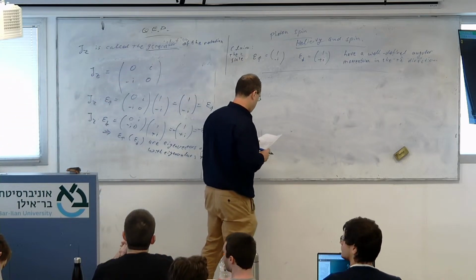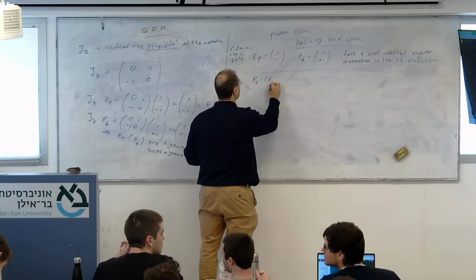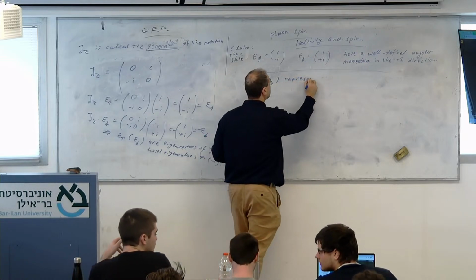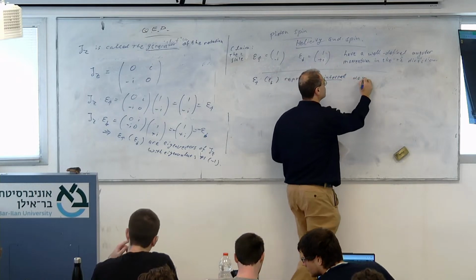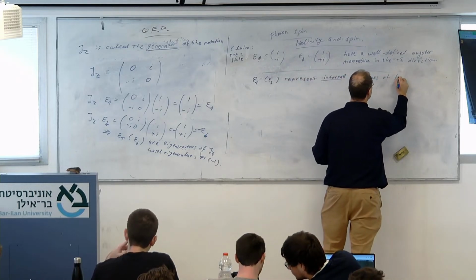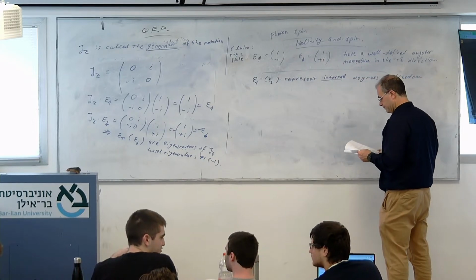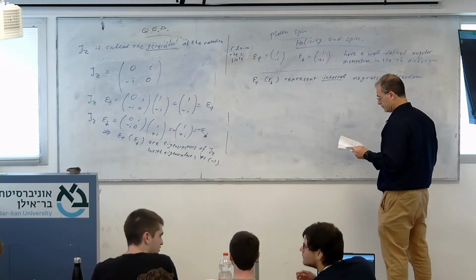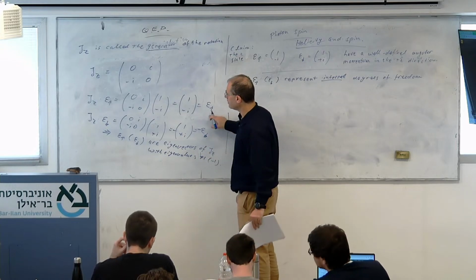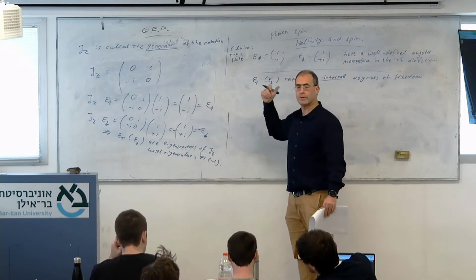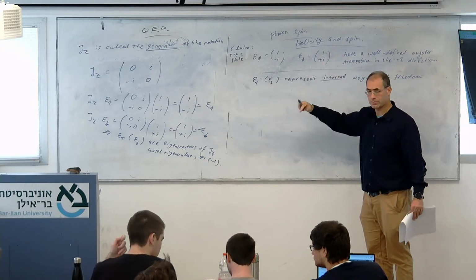So, epsilon up and epsilon down represent internal degrees of freedom. They are eigenvectors of Jz, which represents the angular momentum of rotation in the z direction, associated with rotation in the z direction.